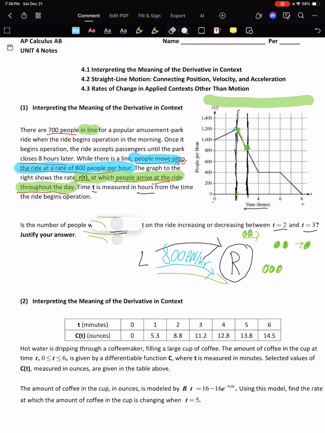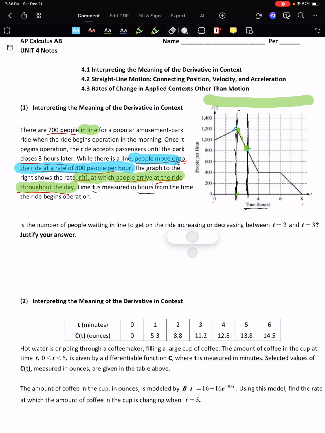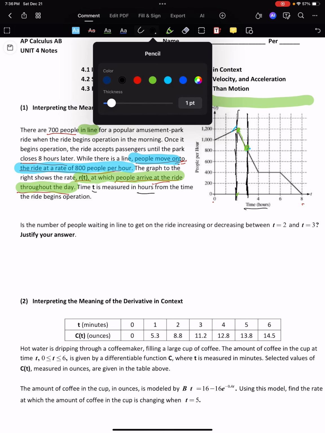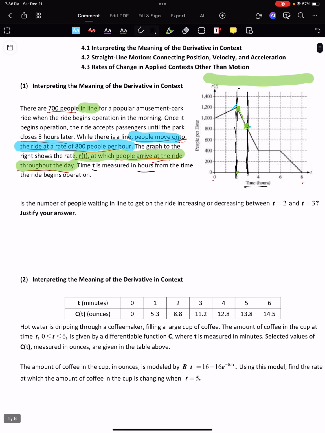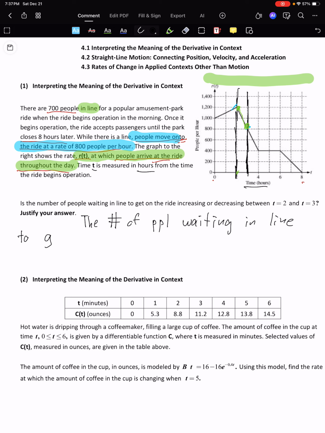So from our drawing and understanding the information, I think it makes sense for us to say that the number of people waiting in line to get on the ride is increasing. Make sure you write it out fully and include every bit of information, because they will take a point off if there's something missing.